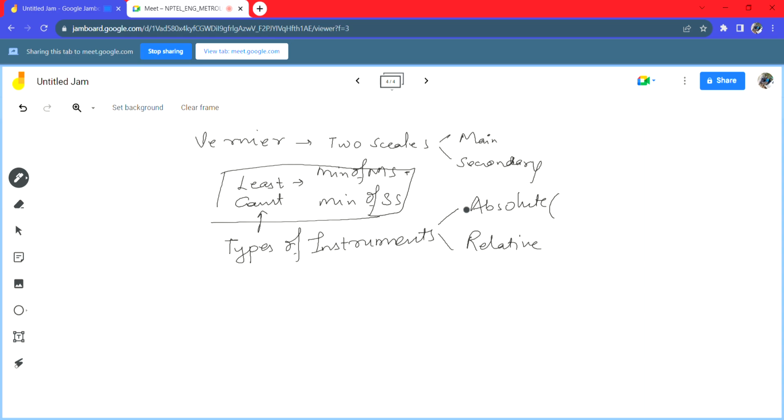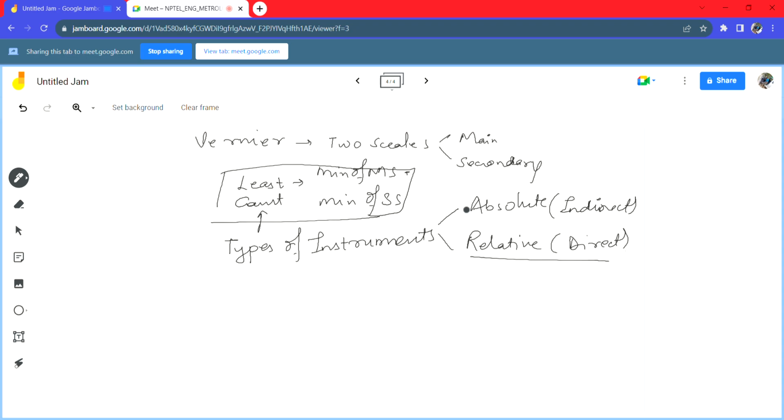Absolute devices are the ones that make the indirect measurements, and the relative devices are the direct ones that take the measurements.